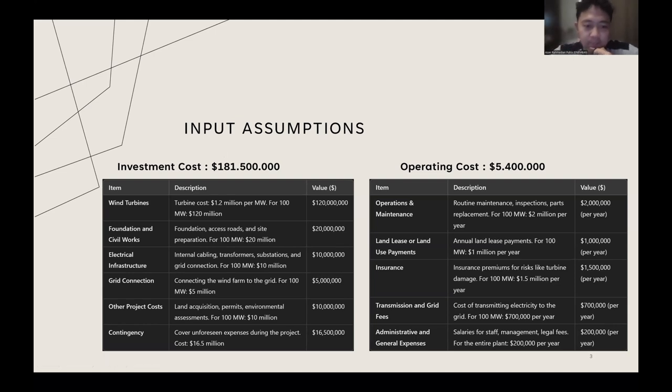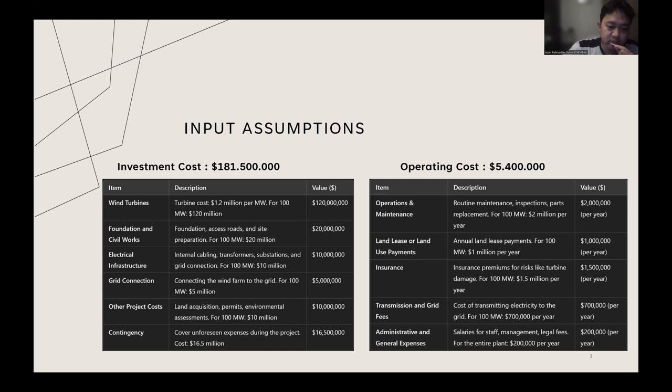From this case study, the investment cost is totally 181.5 million dollars, which consists of wind turbines at 120 million dollars, foundation and civil work at 20 million dollars, electrical infrastructure at 10 million dollars, and grid connection at 5 million.